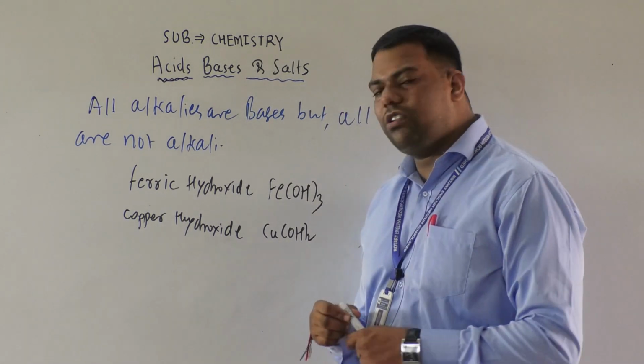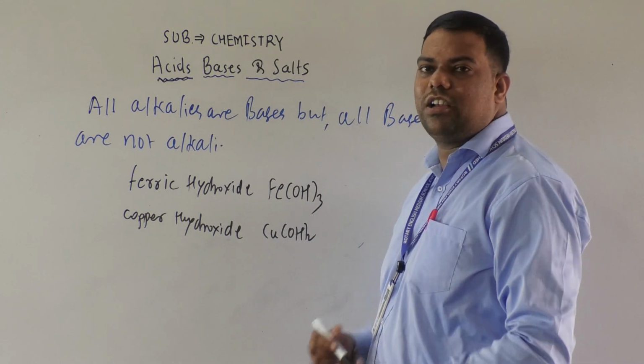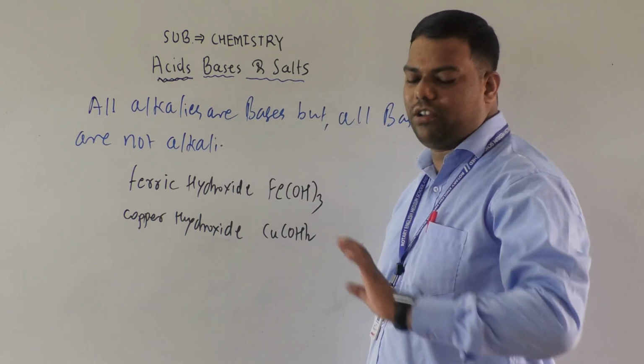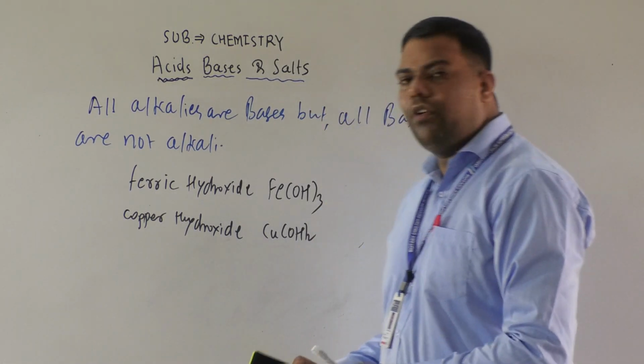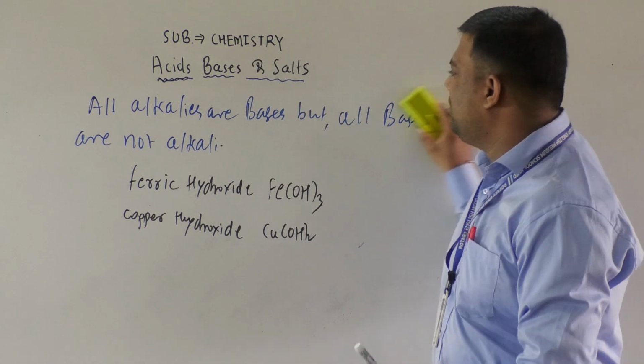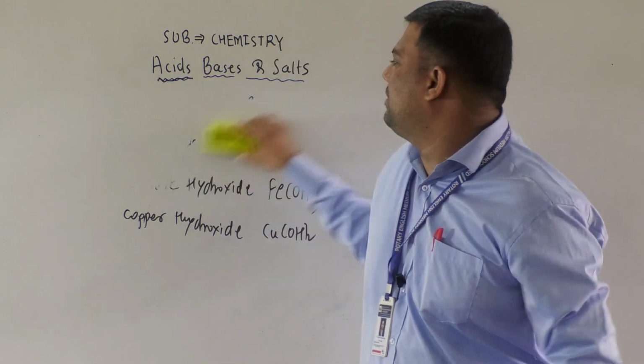These bases are not alkalis. Why are these bases not alkalis? Because they are insoluble in water. Understood? Now we will move towards the next topic, that is classification of bases.